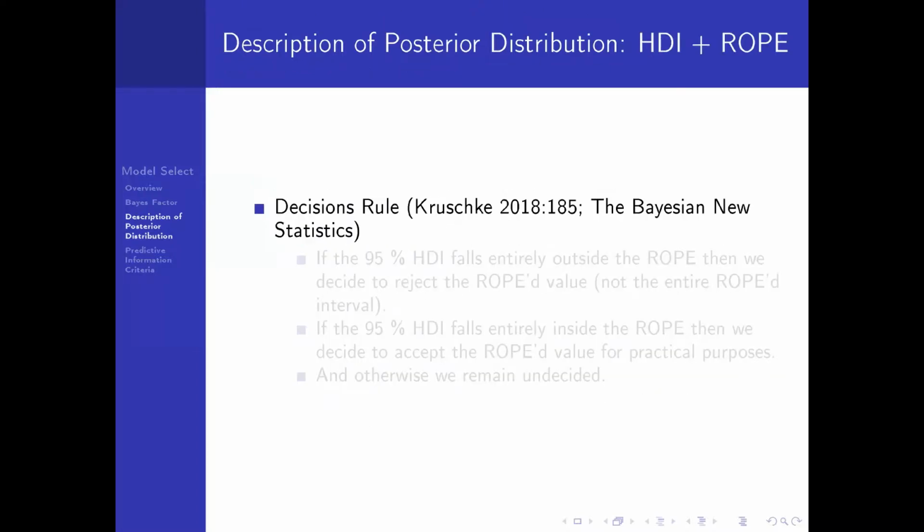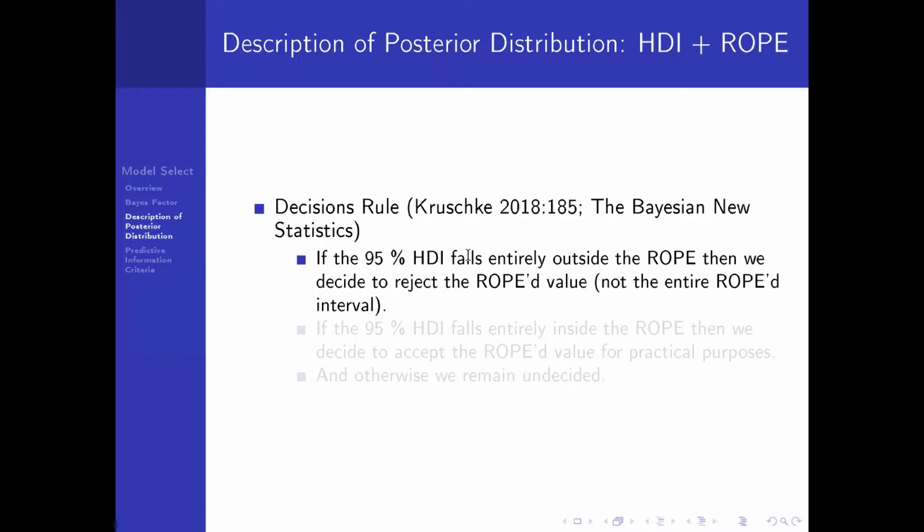So here is the decision rule that Kruschke came up with for Bayesian assessment of null values, which combines the highest density interval and ROPE.